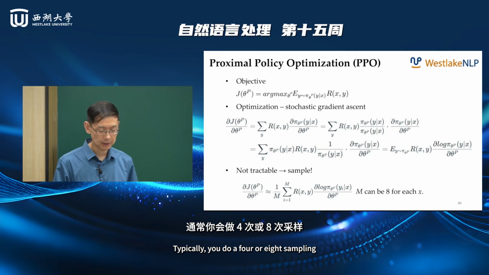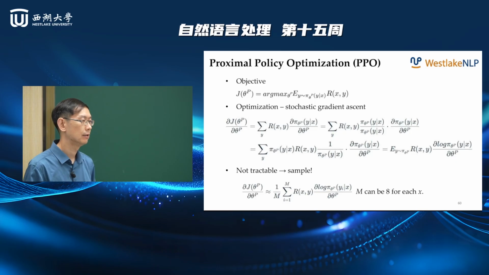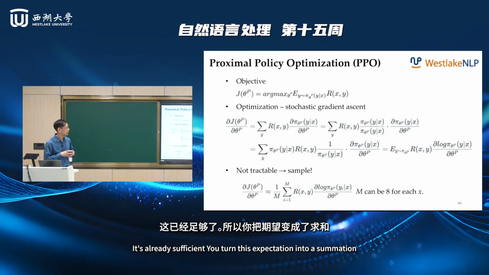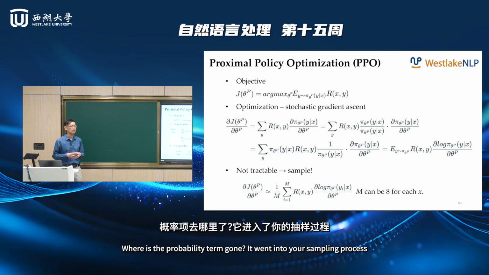Typically you do 4 or 8 samples, which is already sufficient. So you turn this expectation into a summation: 1 over m, the sum over each sample, of the reward times the log probability derivative. Where is the probability term gone? It went into your sampling process.